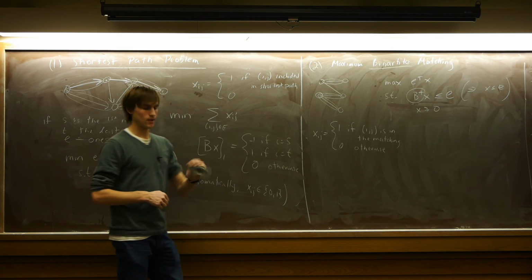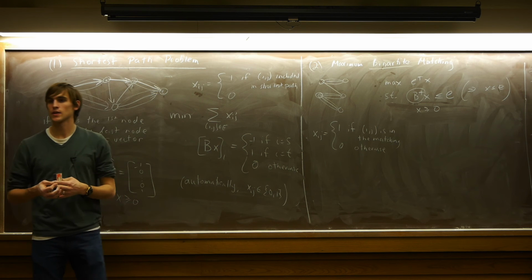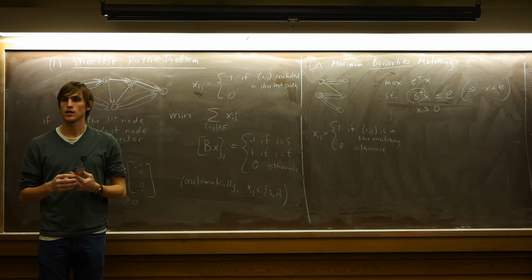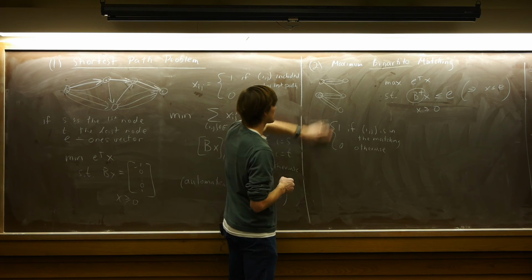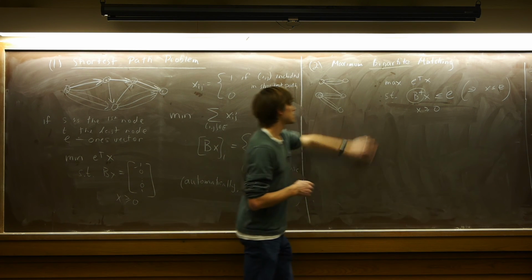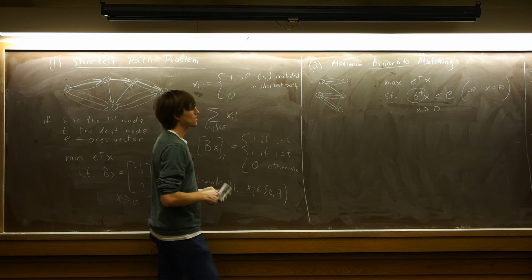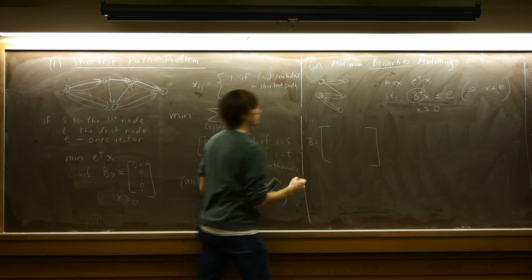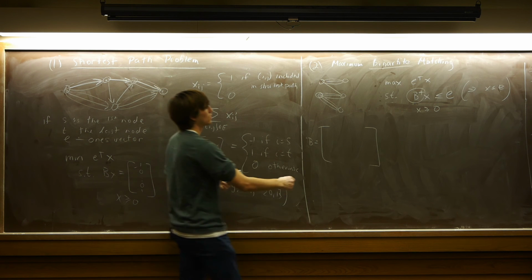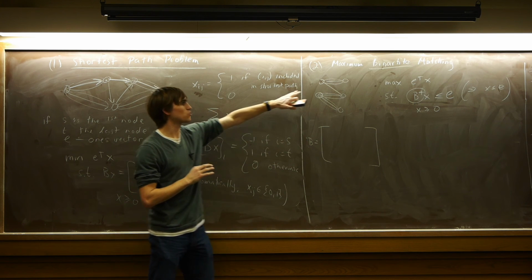Okay. Yes, question? What does it mean that the vector is less than E? So this constraint right here, let me just go ahead and write out the incidence matrix of this, or at least one column of it.